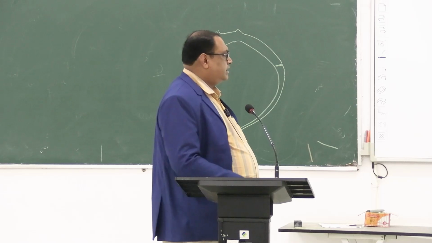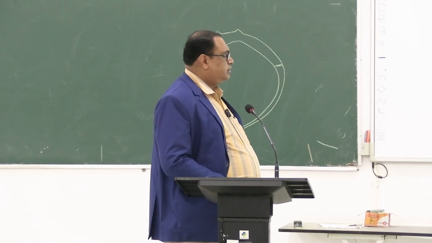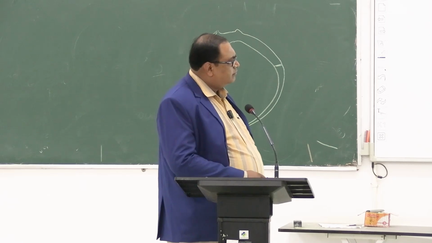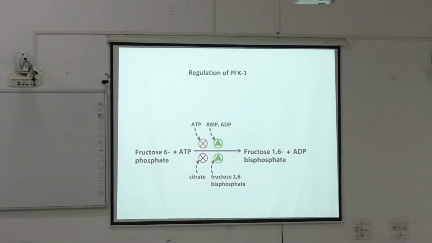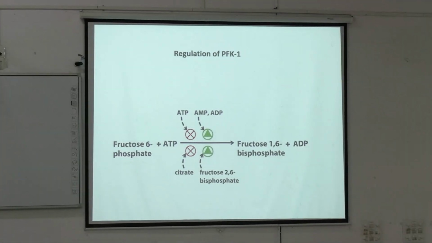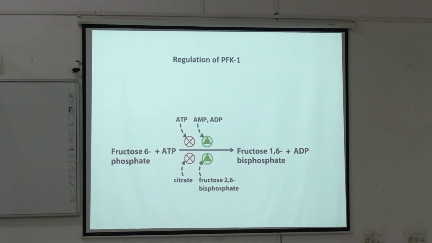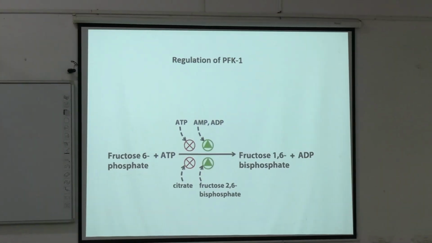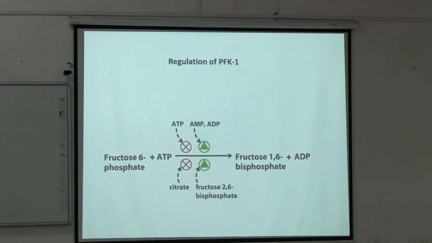The green color shows the positive modulators. The PFK1, phosphofructokinase 1, is called an allosteric enzyme. So, the compounds which stimulate an allosteric enzyme are not called activators, they are called positive modulators.